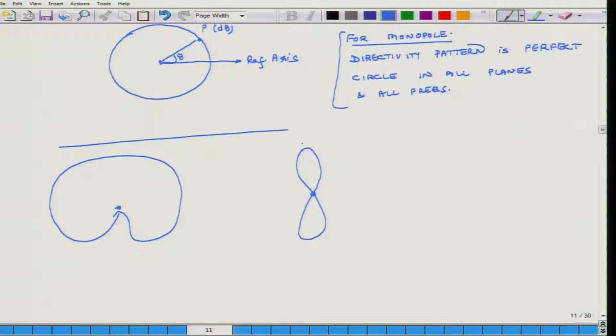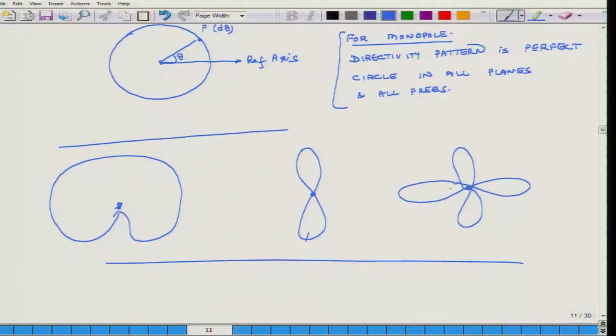That sound is being transmitted more at theta equals pi over 2 and negative pi over 2, but at 0 and pi radians the transmission of sound is very little. You can have several lobes for such directivity patterns. The source is always located at the center. All these are different directivity patterns, and here the distance from the center represents the amplitude in decibels, and the angular coordinate represents the angle at which you are measuring.